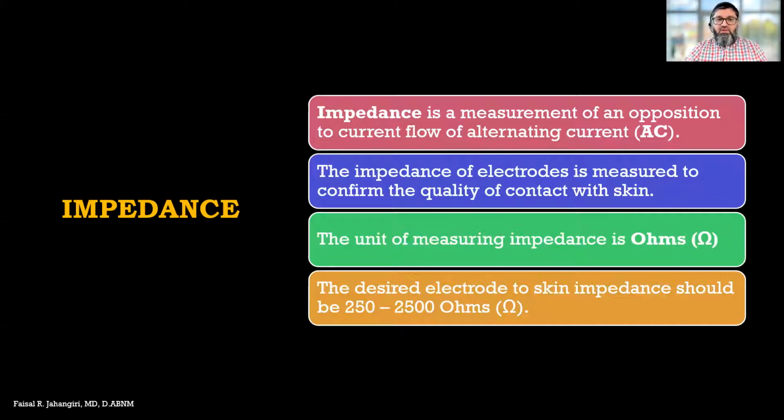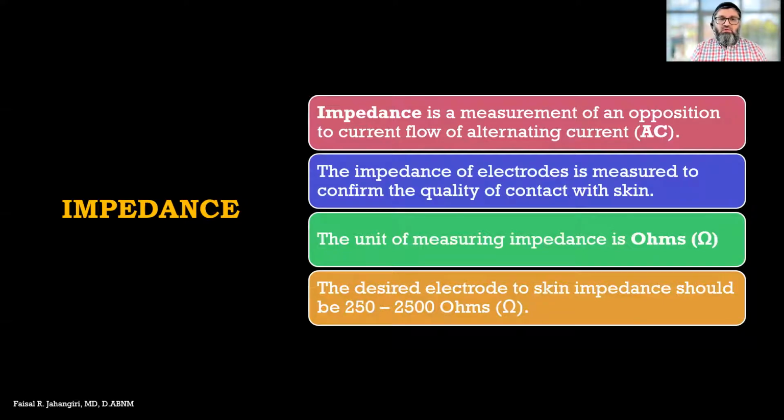If the impedance is very high, that means the contact between the electrode and the skin is bad, and you need to have a better placement of the electrode. The unit of the impedance is also ohms, and the desired electrode impedance to skin for best recording is between 250 ohms and 2500 ohms. So we don't want to have impedance lower than 250 ohms for a single electrode or higher than 2500 ohms.